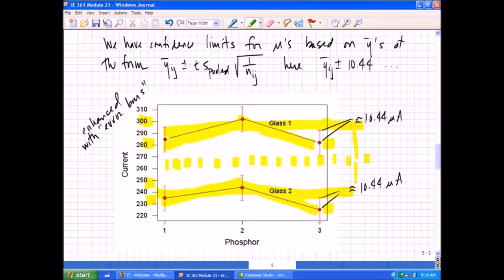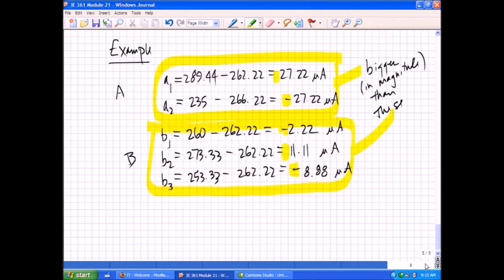And the other answer is we can make these kinds of pictures where there's only a couple of factors, but when we start to have 3 or 4 or 5 or 10 or 20 factors, we're going to be hard pressed to make and interpret graphics, whereas we will be able to make and compute quantities like these AIs and BJs that we've made here, that we can then interpret from a system where there are not just 2 knobs but many knobs.